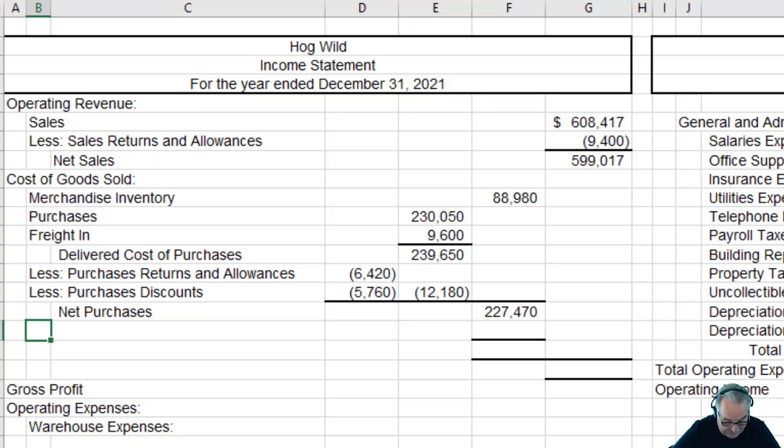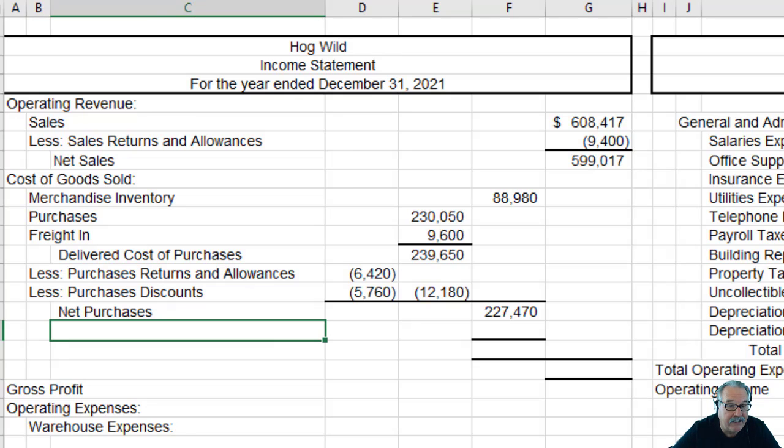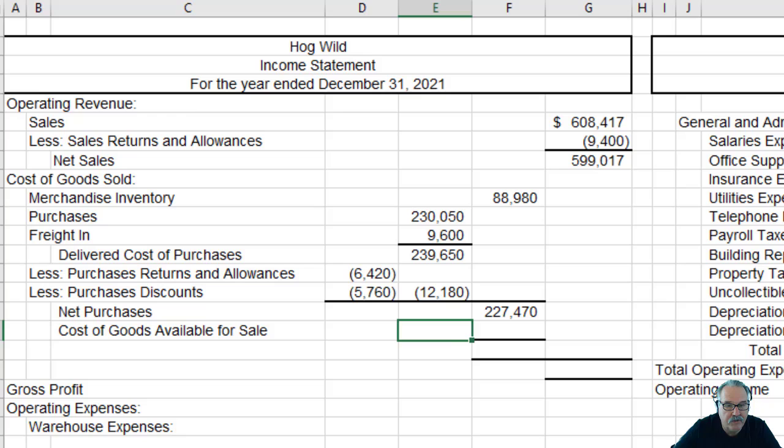When we add that to what we had at the beginning, which is the merchandise inventory, we get what's called cost of goods available for sale. In other words, what we had at the beginning plus what we bought during the year. That's cost of goods available for sale.